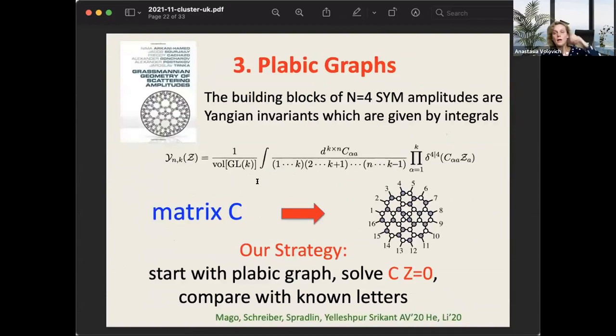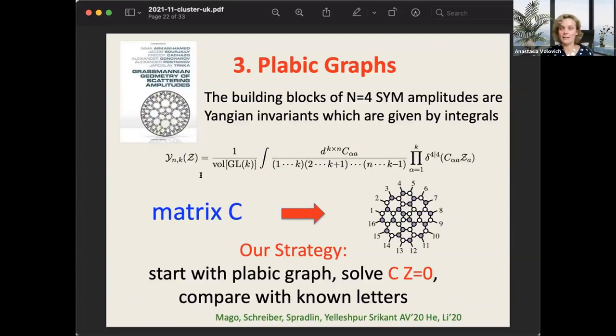Okay, so 5 minutes each. Plabic graphs. The idea is not new. Plabic graphs have been used for a decade, as applications to scattering amplitudes, for describing the integrand of the amplitudes. There's a book by Arkani-Hamed, Bourjaily, Cachazo, Goncharov, Postnikov, and Trnka.